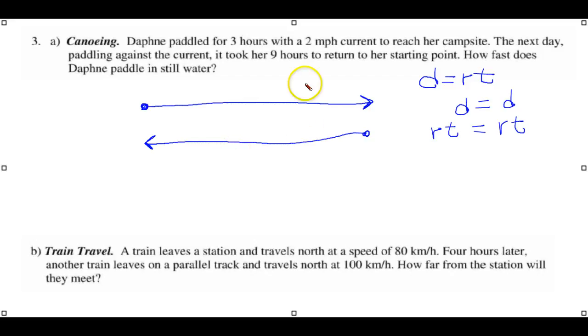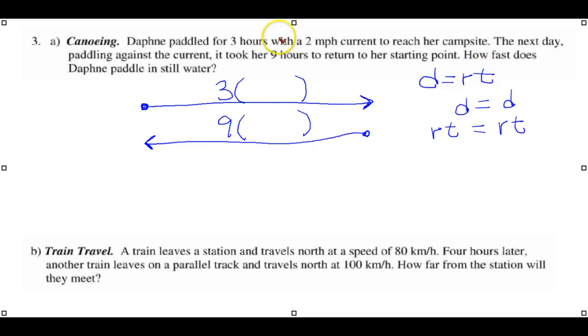So let's start to fill this in. Now the time for 1 is going to be 3 hours. So time times rate, and the returning 9 hours, and it would be times rate.